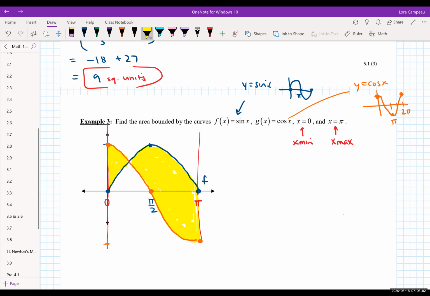But when you look at this region, what we're talking about is bounded by all of the curves that they mentioned: x equals pi, x equals 0, and y equals cosine and y equals sine. So what you would probably notice right away is that you have two regions.